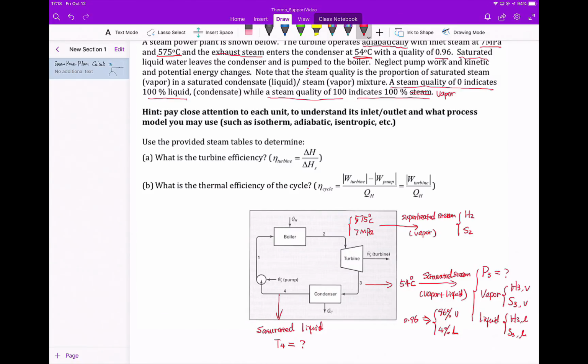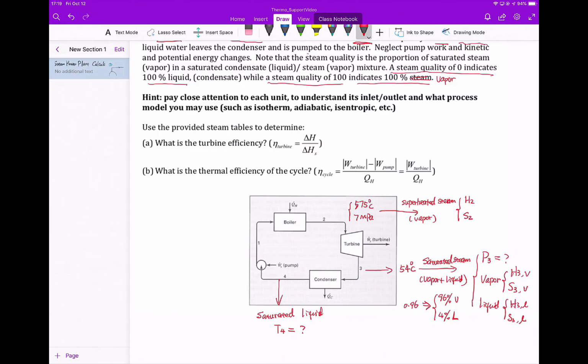I probably have to explain that if this is a saturated liquid, that is more like the condition corresponding to the dry vapor.